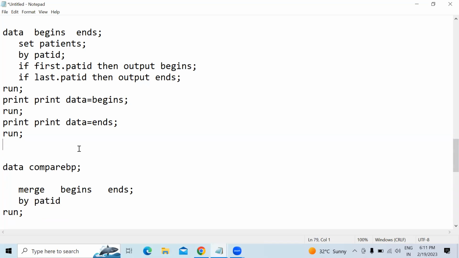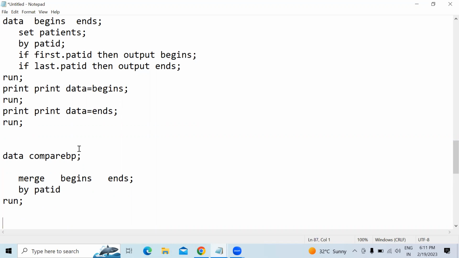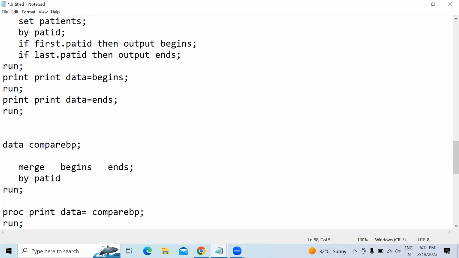Just check what happens here. There is a lot of discussion about the merge statement; today I'm only introducing sort and merge, and tomorrow we go deeper into merge. Proc print data equals compare.